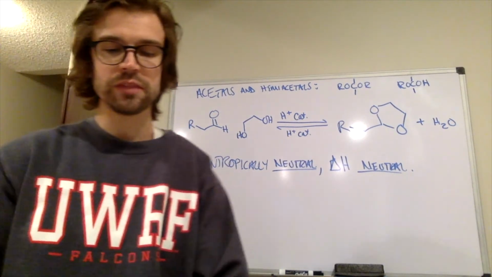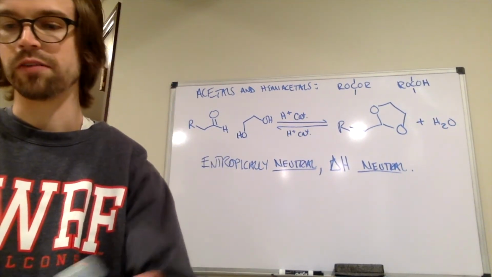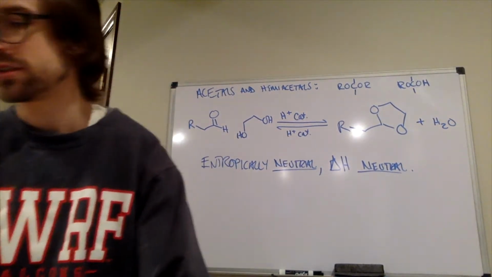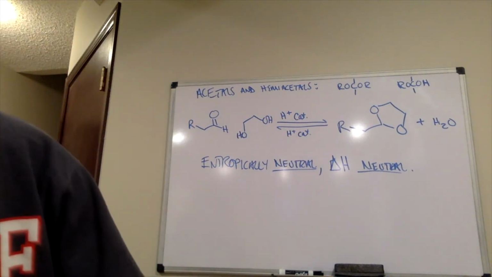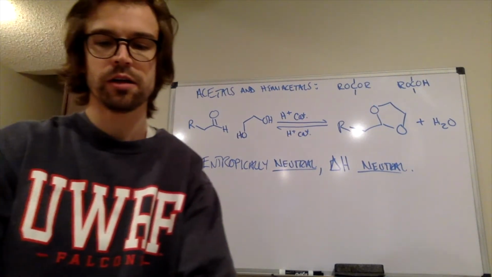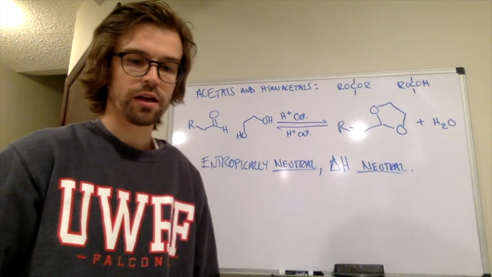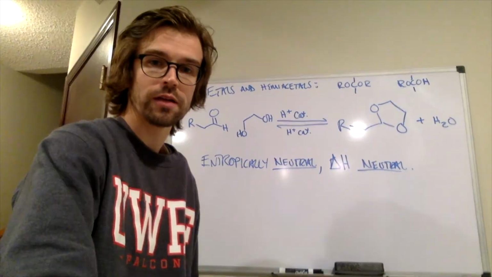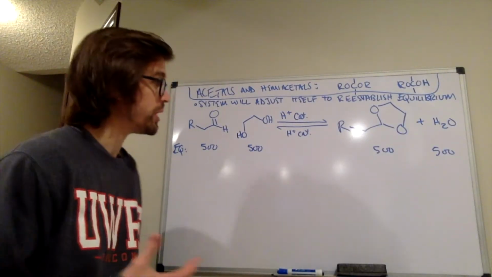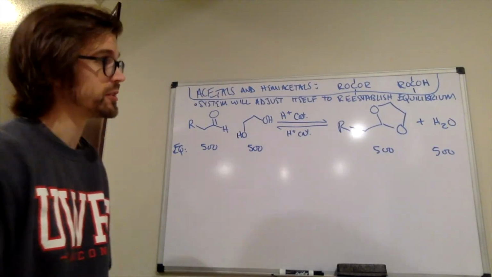So what does that mean? It'll adjust itself to reestablish the equilibrium. I'm going to set something up on the board, and I'll be back in one moment. The system will adjust itself to reestablish equilibrium, Le Chatelier's principle.